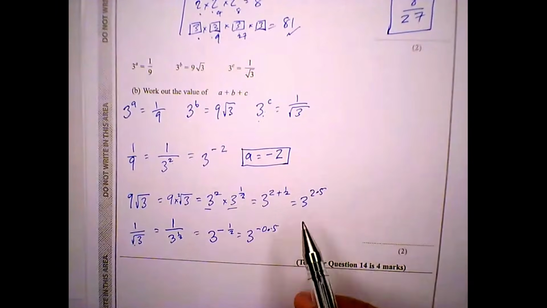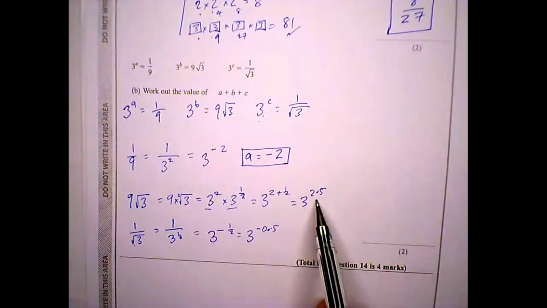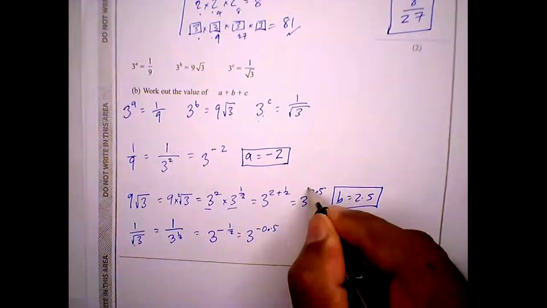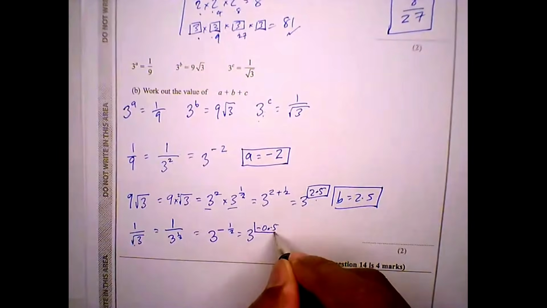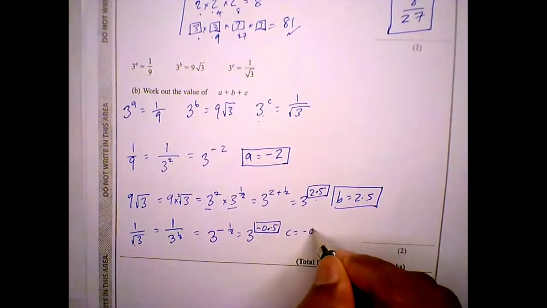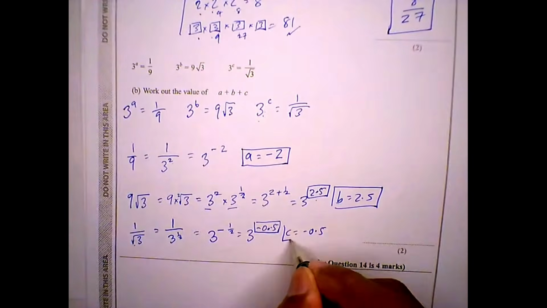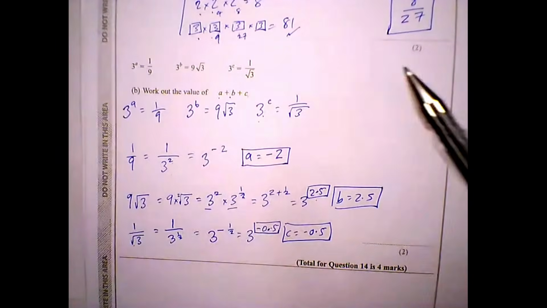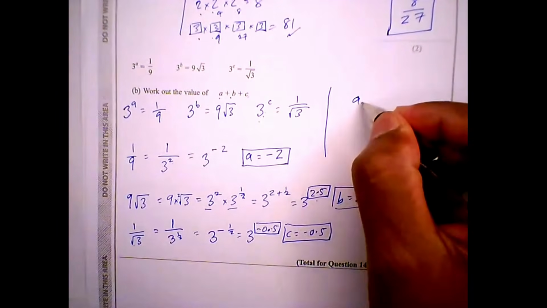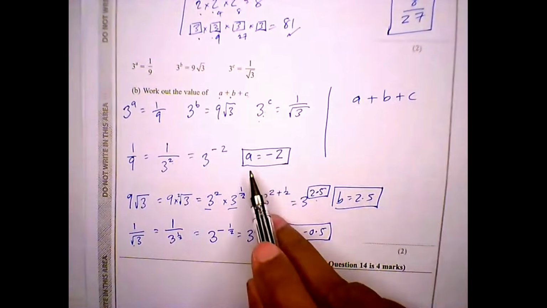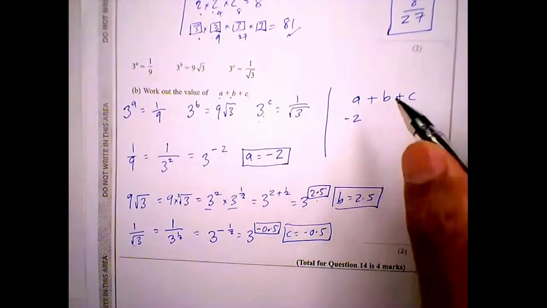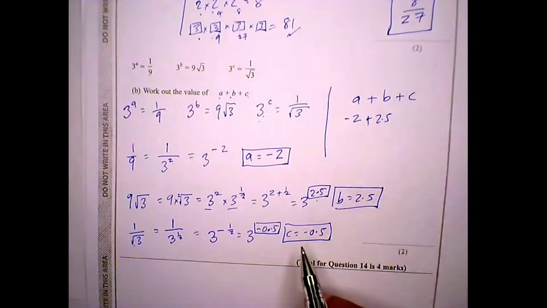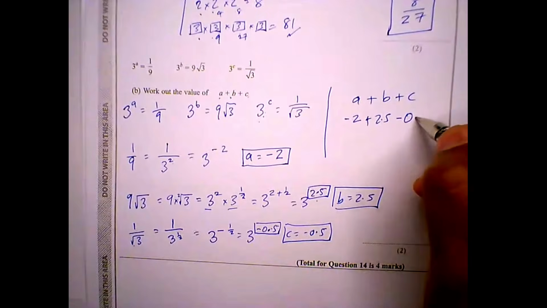Okay, so here my B was 2.5. You can see B is 2.5, and here my C is minus 0.5. And the question is saying work out the value of A plus B plus C. So if I have A plus B plus C, my A is minus 2, my B is 2.5, and my C is minus 0.5.